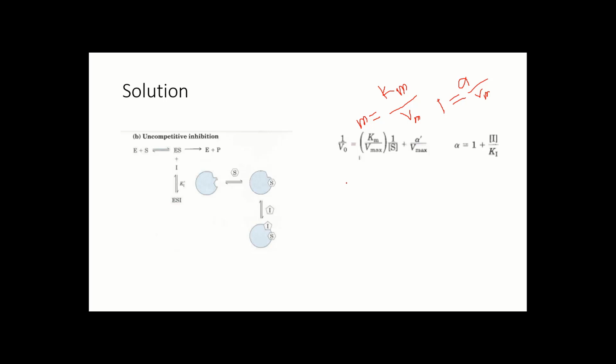So in the absence of inhibitor, what is the equation? In the absence of inhibitor, the equation is 1/V = Km/Vmax × 1/S + 1/Vmax, right?